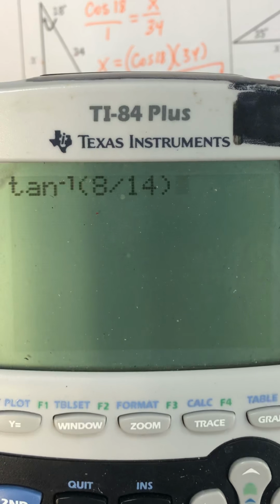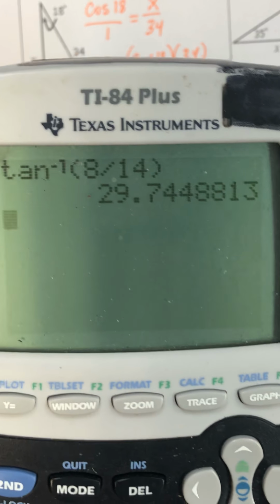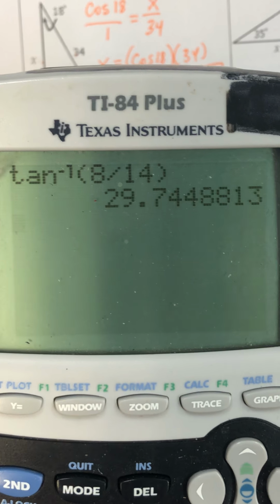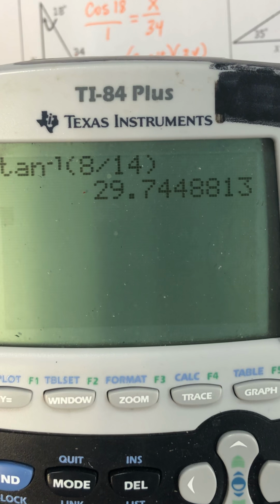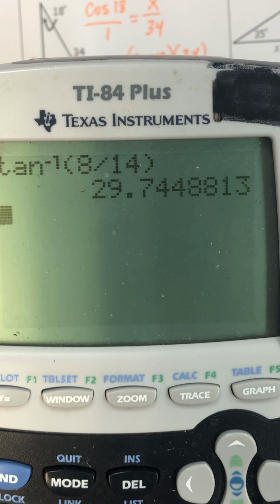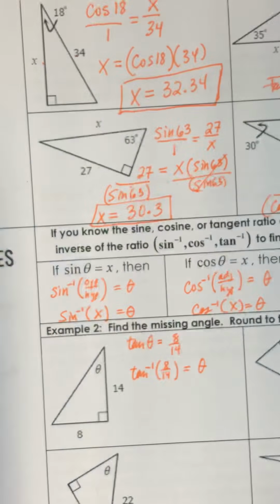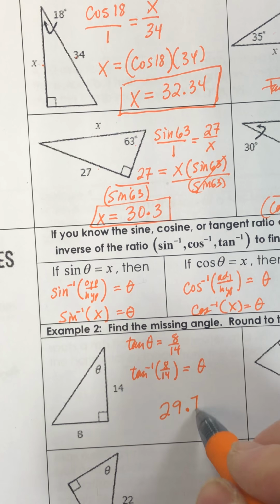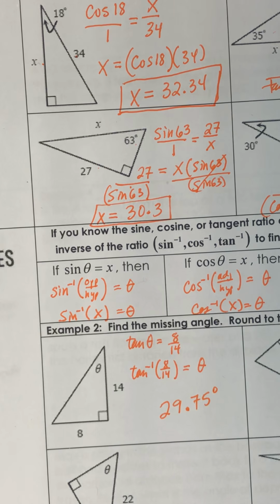And I close that, and then I hit enter, and there's my angle. 29.75 degrees, because that's the angle. So we'd write the little degrees symbol. So that's how you use the calculator with those.